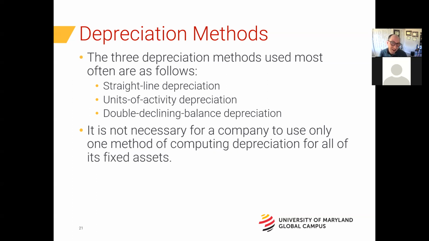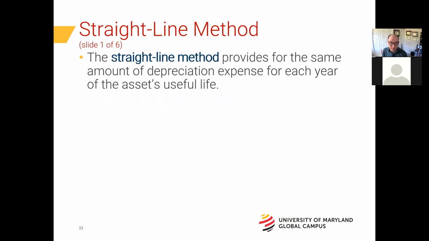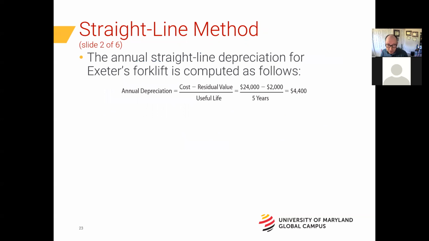And the third method most commonly used is double declining balance, which I talked about. But again, we'll jump a little bit deeper. So straight line is where we have the same amount of depreciation each year over the asset's useful life. The initial cost of my forklift is $24,000. The residual value is $2,000.